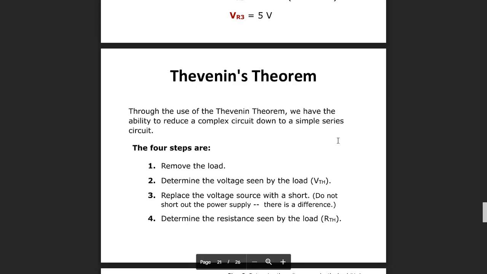Through the use of Thevenin's theorem, we have the ability to reduce a complex circuit down to a simple series circuit. By Thevenin's theorem, we can compress all of a bigger circuit into only three components: a voltage source, which we can also call VOC or V Thevenin, R Thevenin, which is also called Thevenin resistance, and then we have the load.